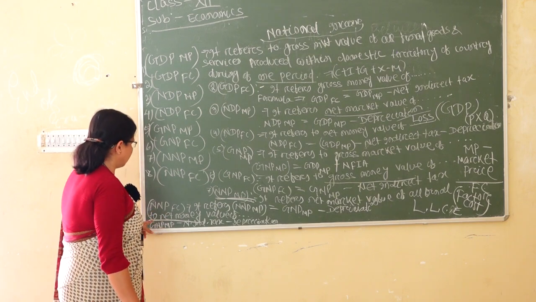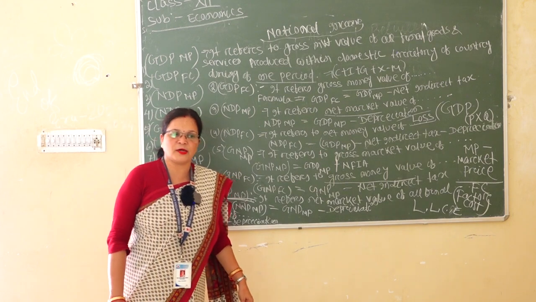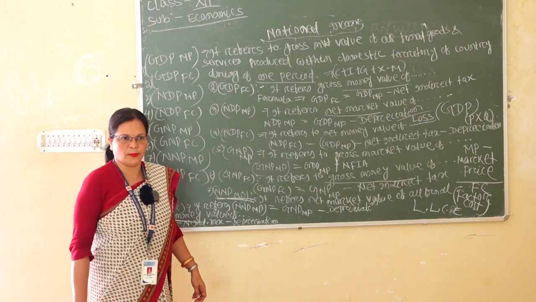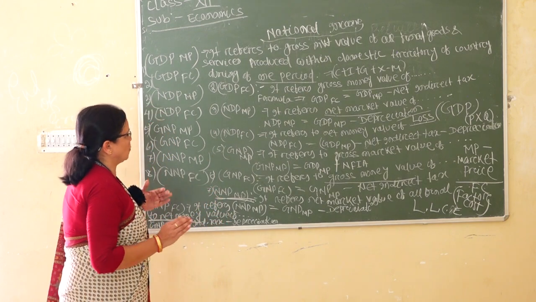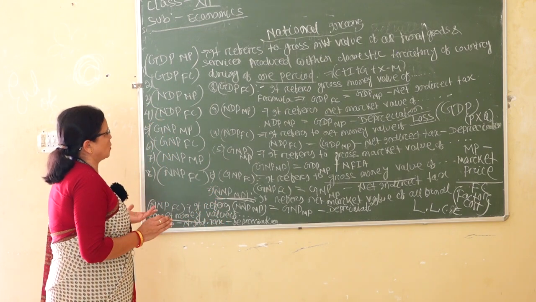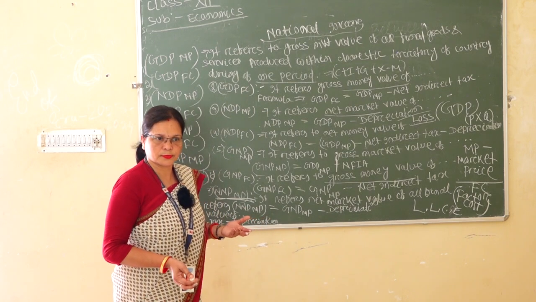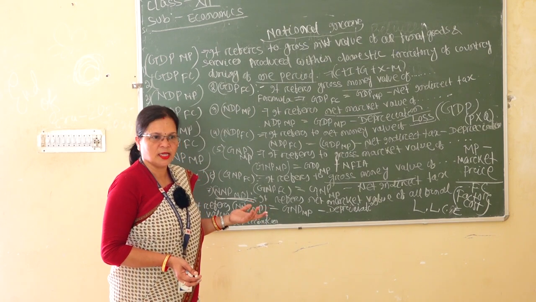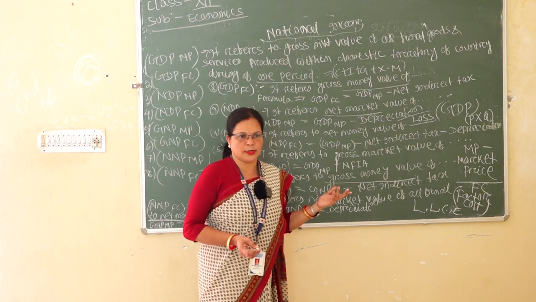It means GNP MP minus net indirect tax minus depreciation. So market price means your market value and factor cost means your money value.